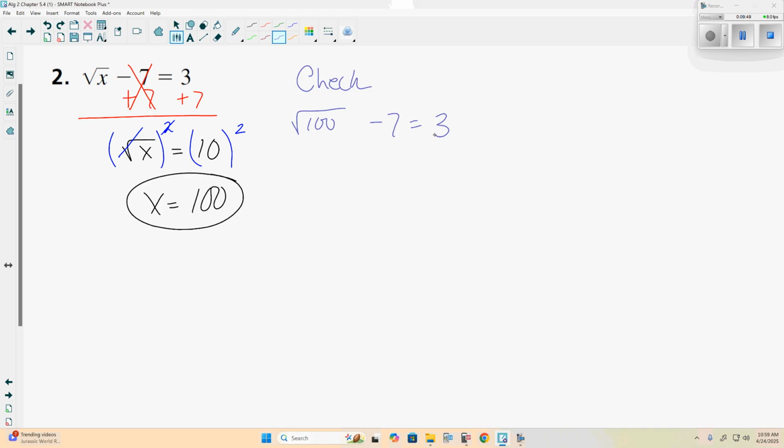Square root of 100 is 10. 10 minus 7 is indeed 3. So x equals 100 is the answer. Questions on this here before we look at the next one?